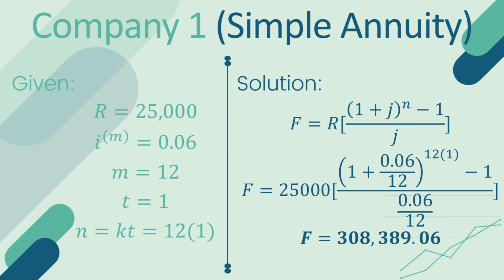J is equal to the rate over the compounding period, so J is 0.06 over 12. Substitute the values and the future value of the company is 308,389.06 pesos.